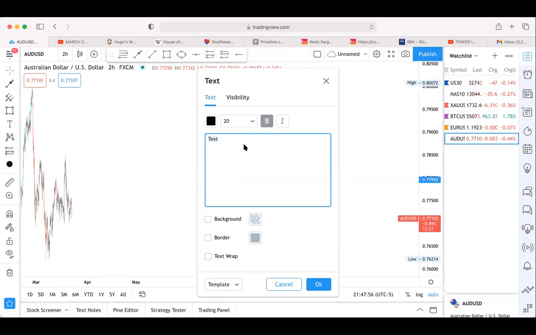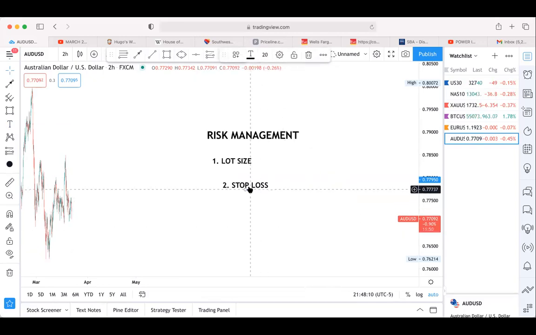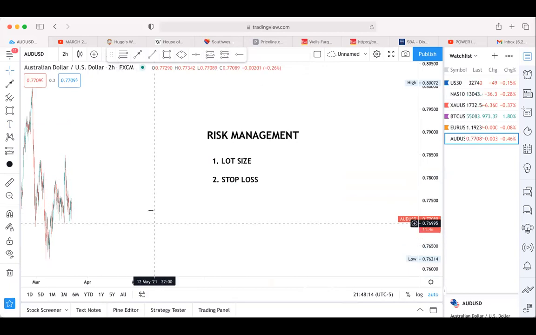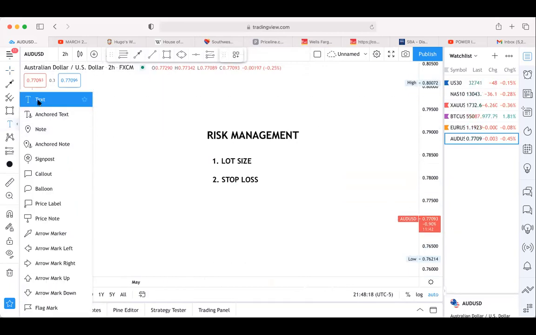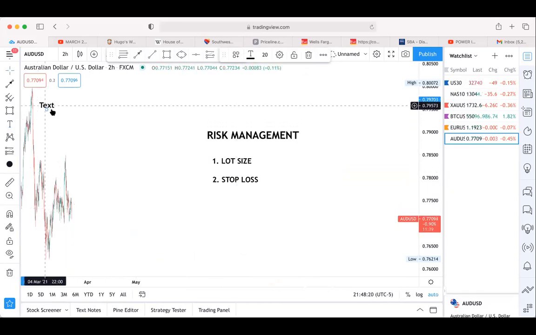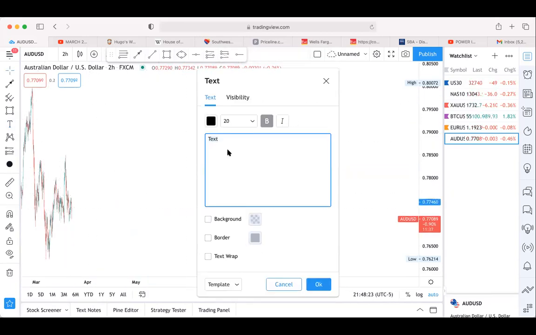Yeah, lot size. Okay. What is number 2? Stop loss. Take profit.